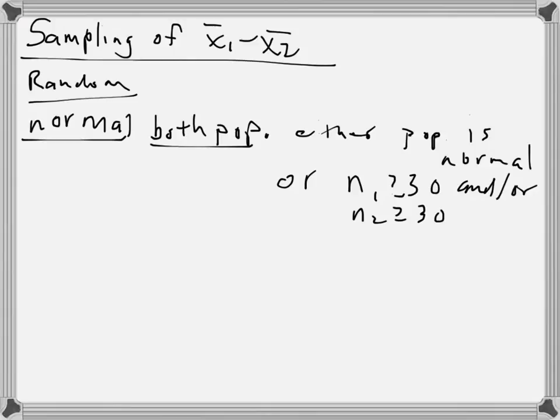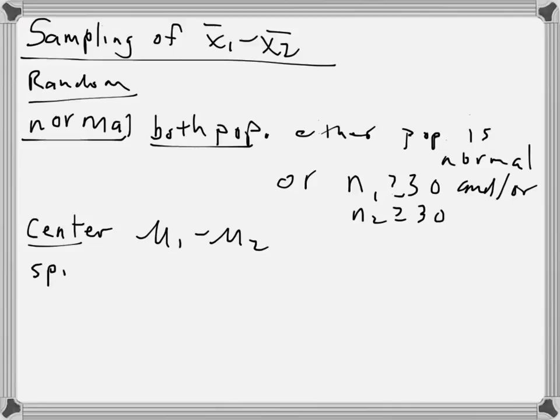Again, in theory, one population could have been normal to begin with, and the other population could have had a sample size of 50, and you would have satisfied the normal condition. Don't see that come up very often, but again, each one is normal. Anything normal is normal. So the center, where's the mean going to be? Well, the center is going to be whatever the difference of the two means is. Like in our case, it was -5.